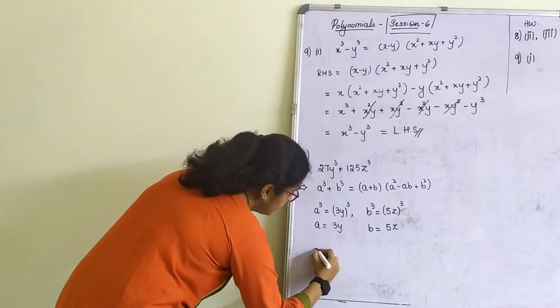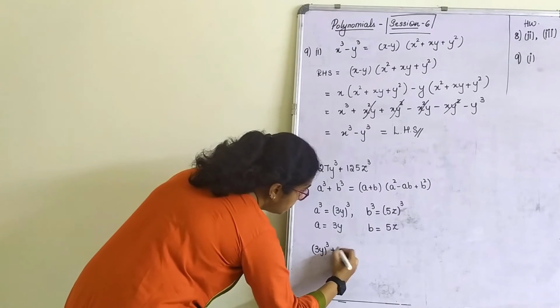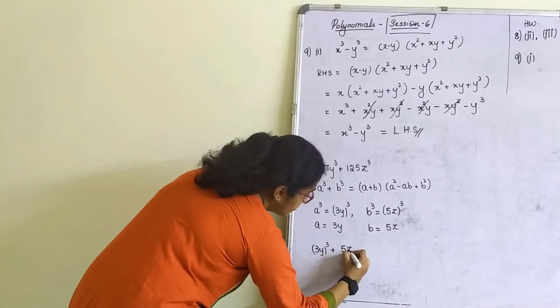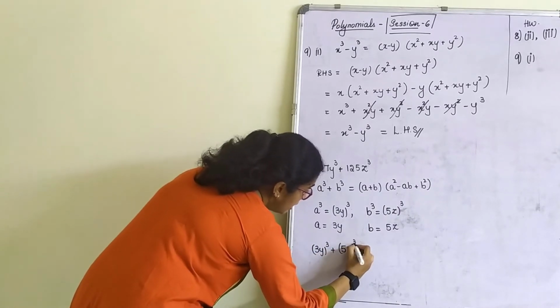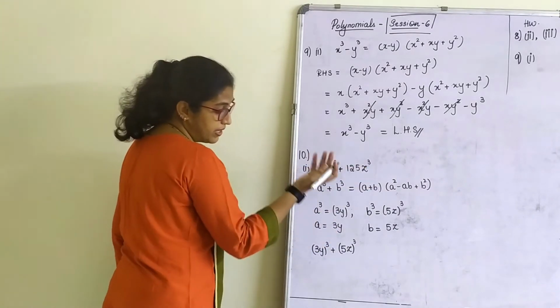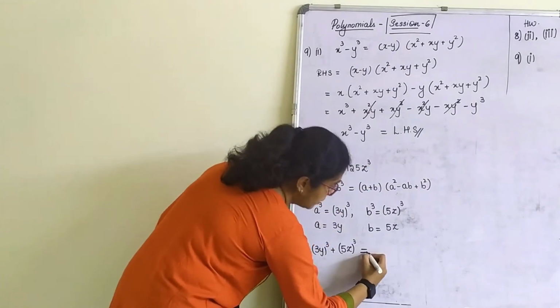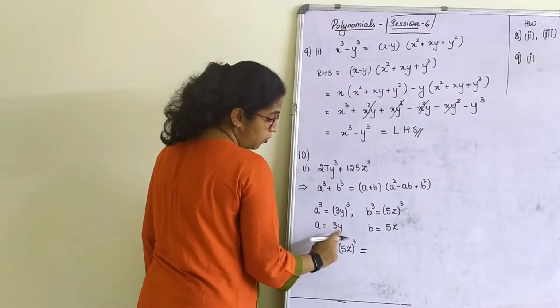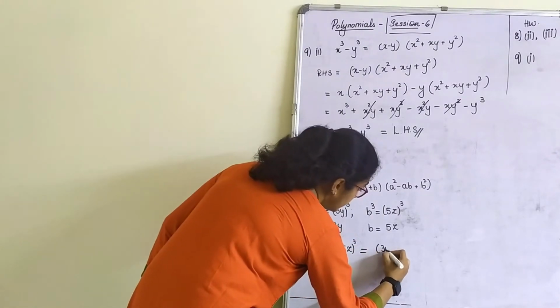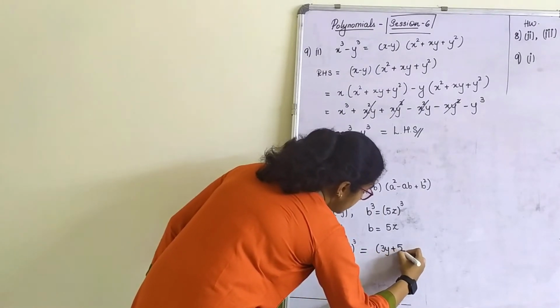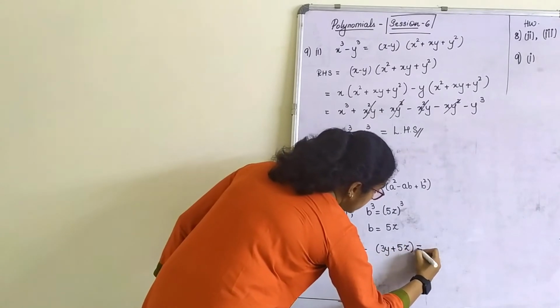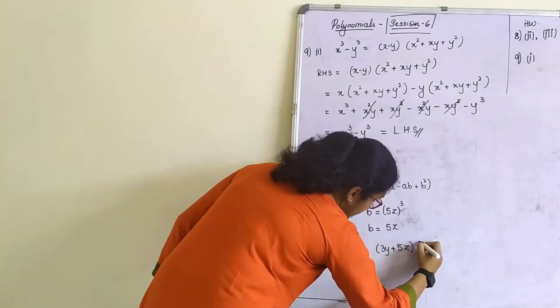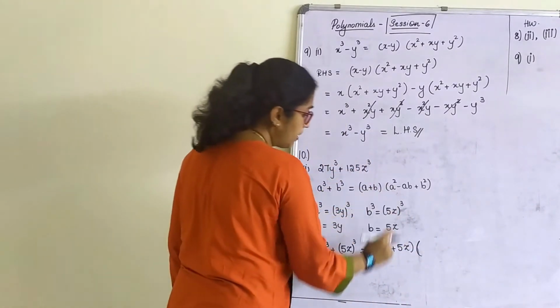So I will write here 3y whole cube plus 5z whole cube. No compulsion. You can also write this one. Both are the same. It is equal to a plus b. What is your a? 3y plus 5z, of a square.